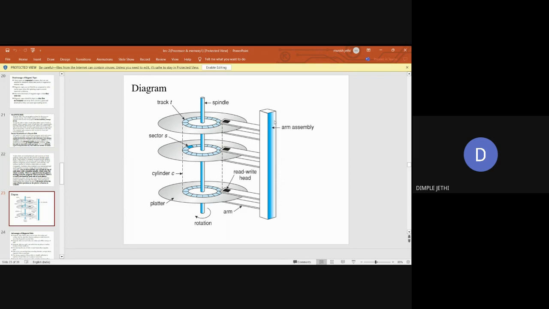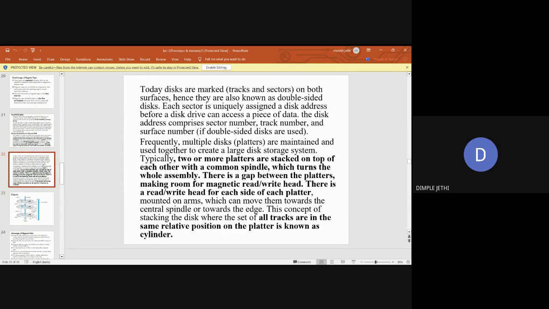So for each layer you have a separate read and write head, which will read or write data from that layer. This one is for the bottom layer, then for this top layer, then the bottom of the second platter, then the top of the third platter, and the bottom. For each layer you have a different read and write arm. This is called the read and write head. Okay, right? Yes.